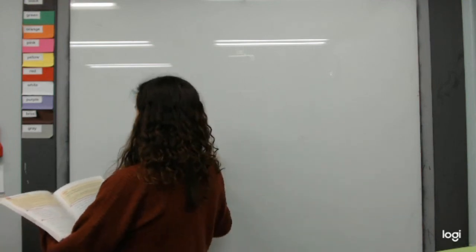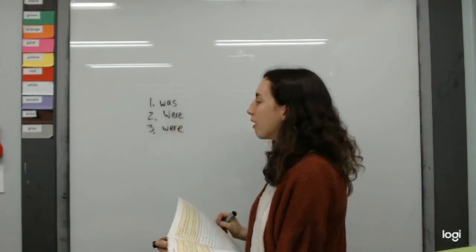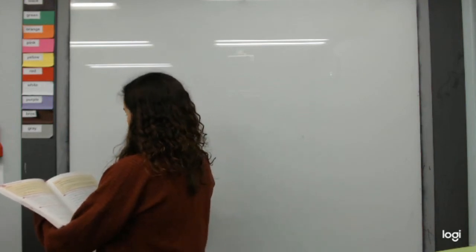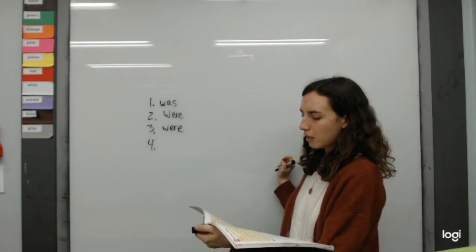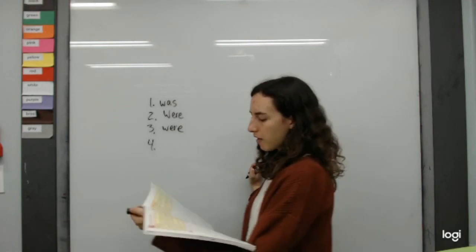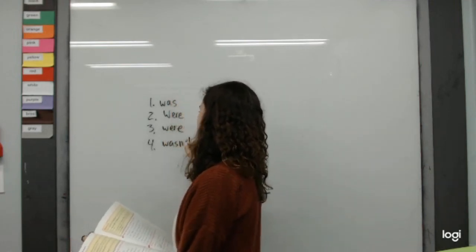Next one, where were you yesterday? Where were? We say were for you in the past. Yesterday is past. There, and the email 50 years ago. So this is past 50 years ago, and email is one, so we can say wasn't.